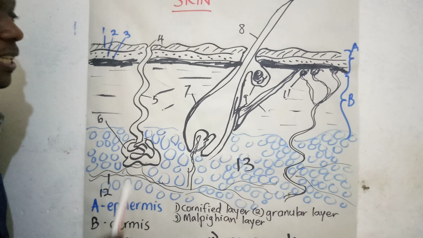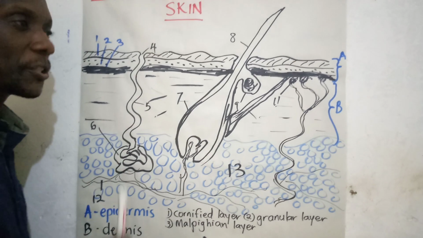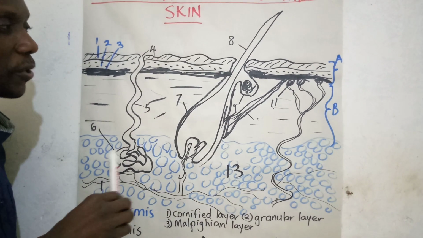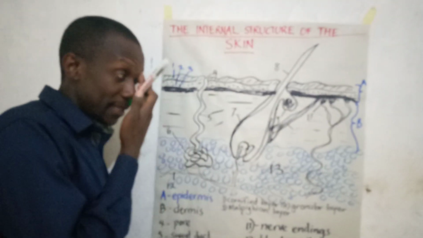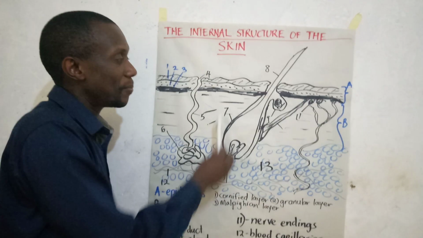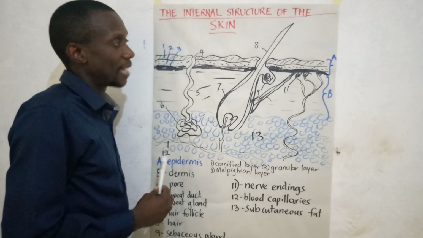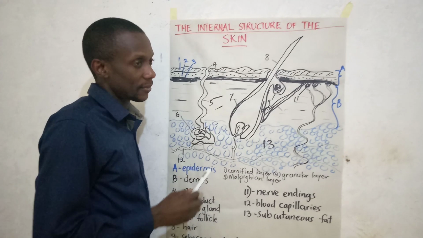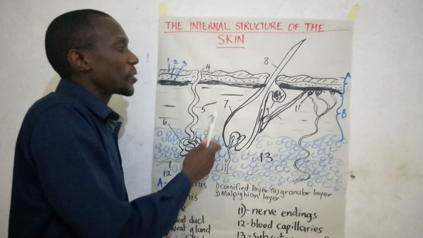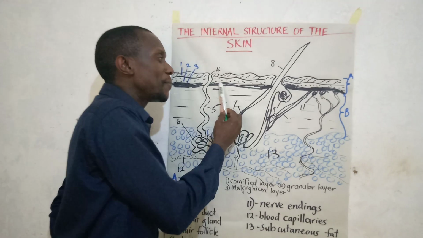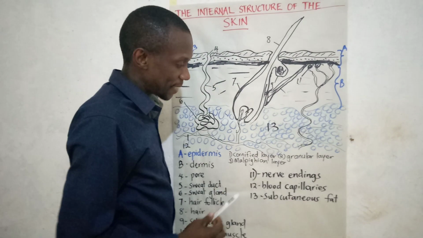But one special thing we need to know about the Malpighian layer is that it contains a pigment. It contains a coloration that determines skin color. This coloration is called melanin. Melanin determines the color of our skins, our hair and the iris. So, when they ask you what name is given to the pigment that determines skin color, it's called melanin.